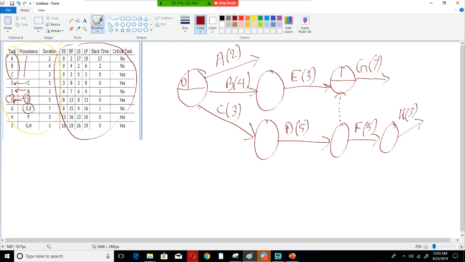And I is dependent on both G and H. So there will be a state where both of these meet, and that will be our I state, and that will take us to our final state.